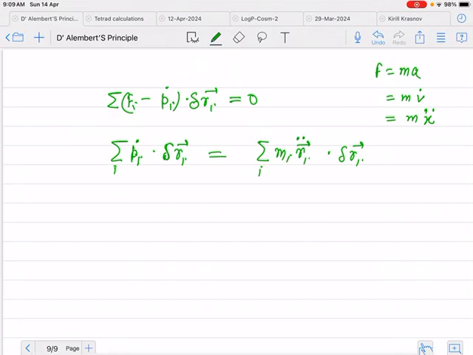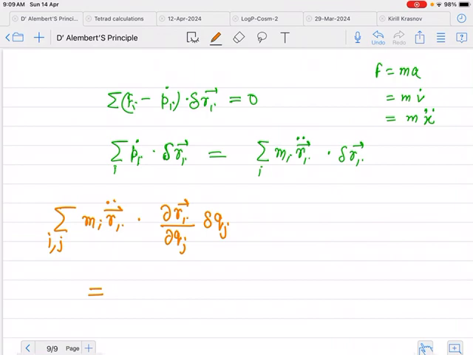Expressing del Ri by equation 1.47 previously in terms of the generalized coordinate, we can write it down as mi ri double dot del Ri over del qj, del qj.